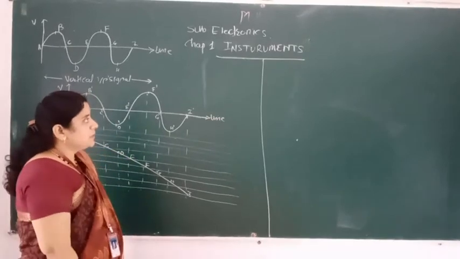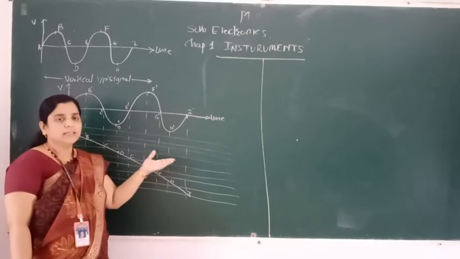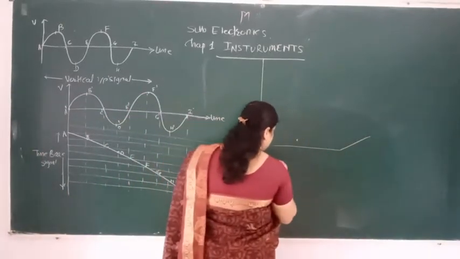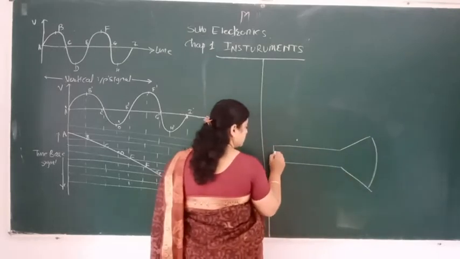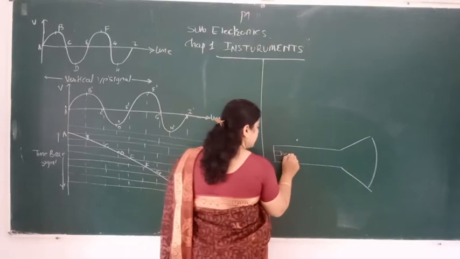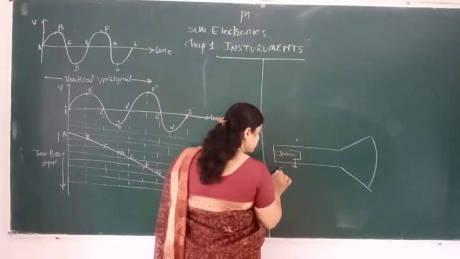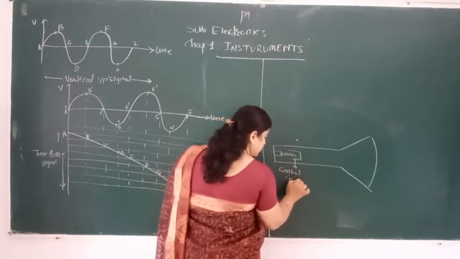Okay. So what happens in the vertical we have seen in the CRT. What is there in the CRT? See, this is the filament, the control grid. Control grid is there.